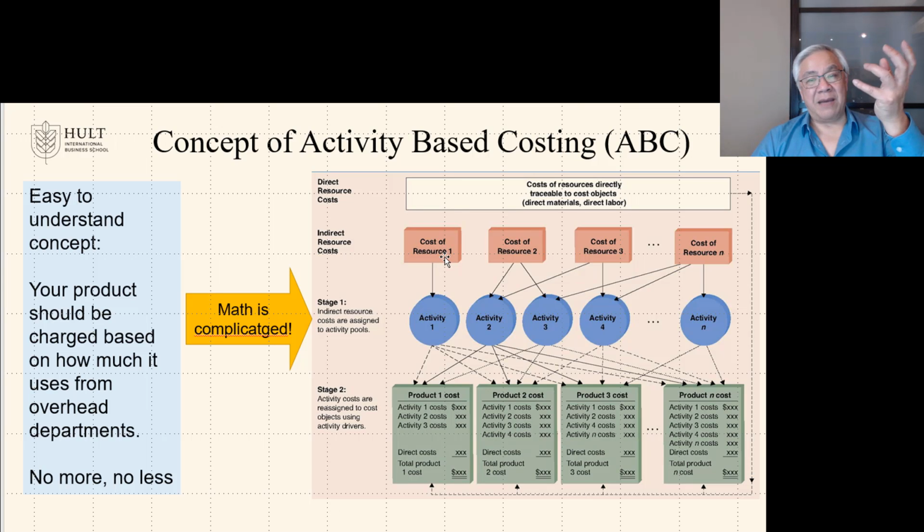So now I'm an engineering department. I serve the manufacturing lines, but I help every manufacturing line for every product we make. So now we have to say, okay, how much did you spend? So you pool the cost in your activity pool for your engineers, and let's say it's $10 million a year. Then you say, well, how do I charge my $10 million to all the products that roll through this factory?